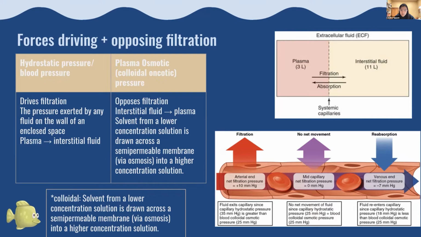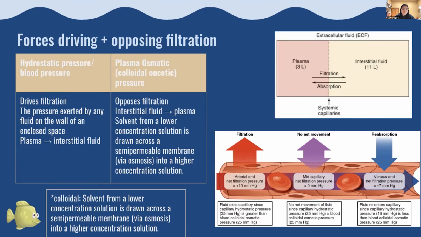So in filtration, the arterial end net filtration pressure is plus 10 millimeters of mercury. So fluid is moving out of the capillary. In reabsorption, it's moving into the capillary, and then in no net movement, it's going in and out, but because it's the same, there's no net movement.